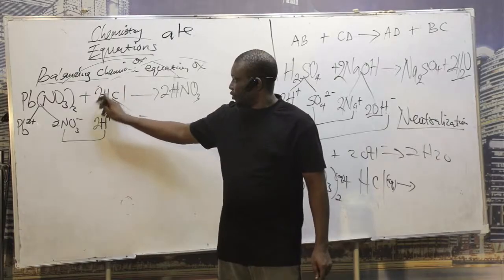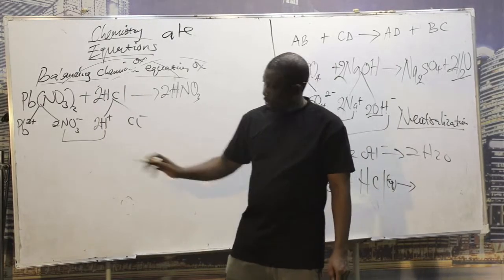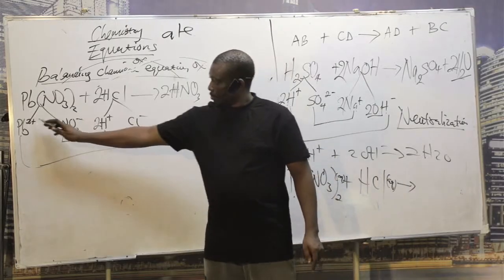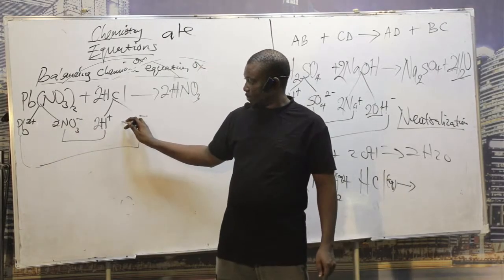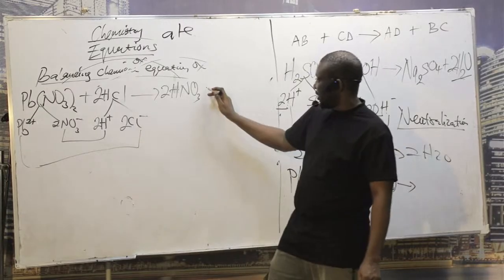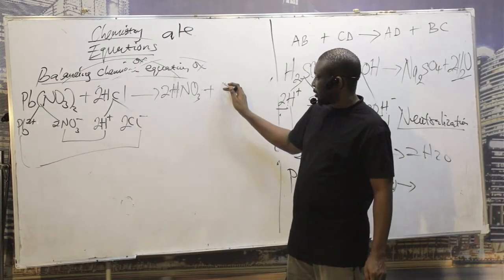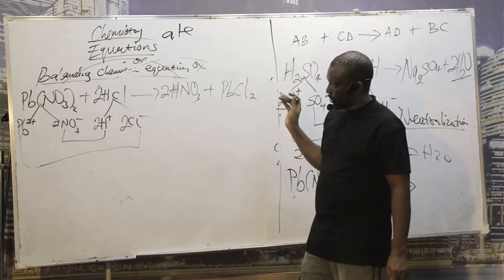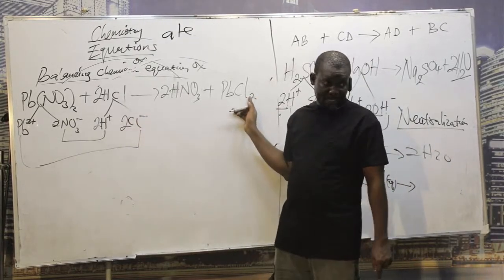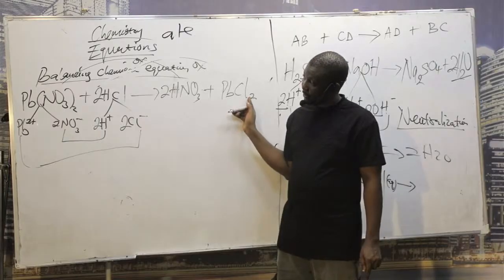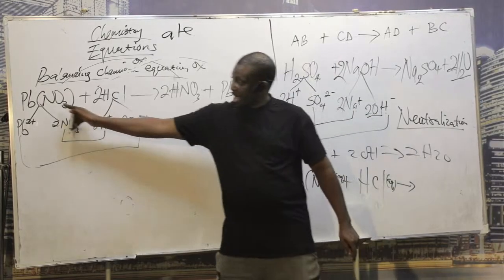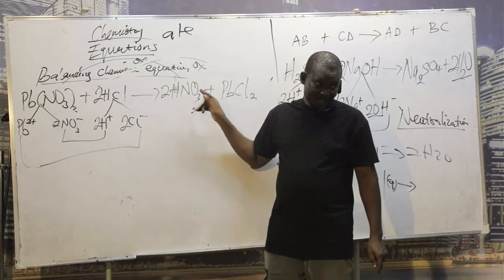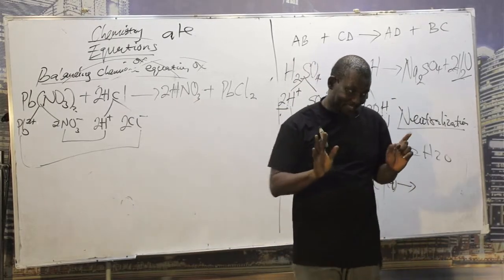So when these two combine, plus 2 and minus 1, what do you add here to balance it? 2. So what am I having here? Plus PbCl2. Pb is 1, Cl is 2. You see that Cl2 is automatically balanced? NO3 2 is automatically balanced in the acid. So this equation is balanced.